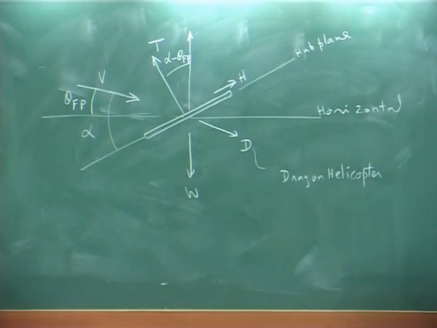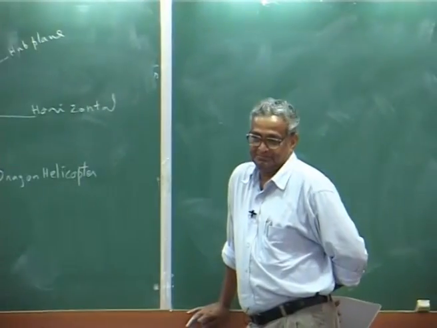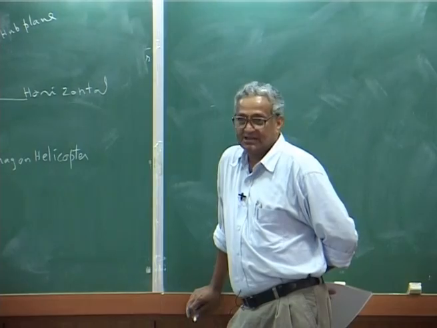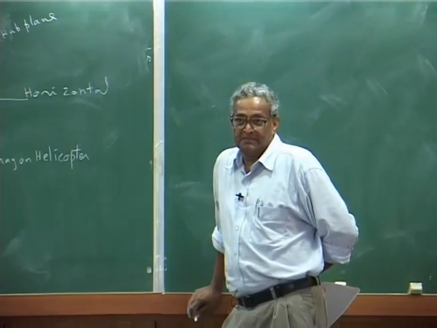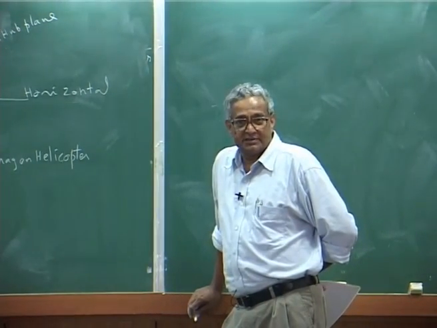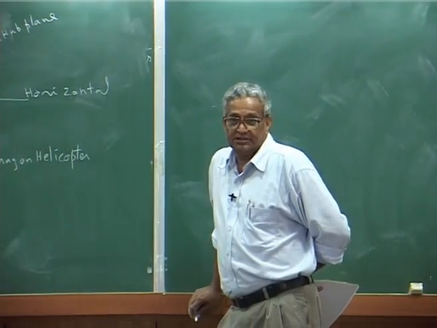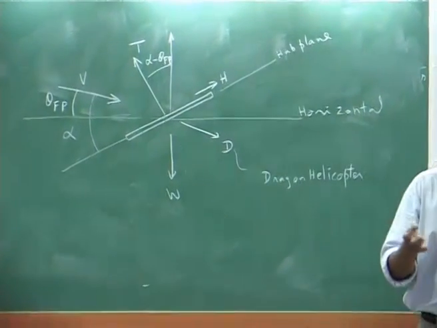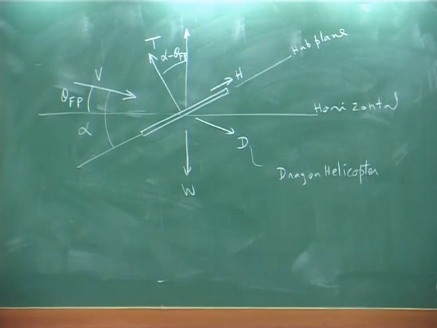Now, let us write our equilibrium equation. Thrust and H force are generated by the rotor system, whereas the weight and the drag come because of the fuselage getting dragged.